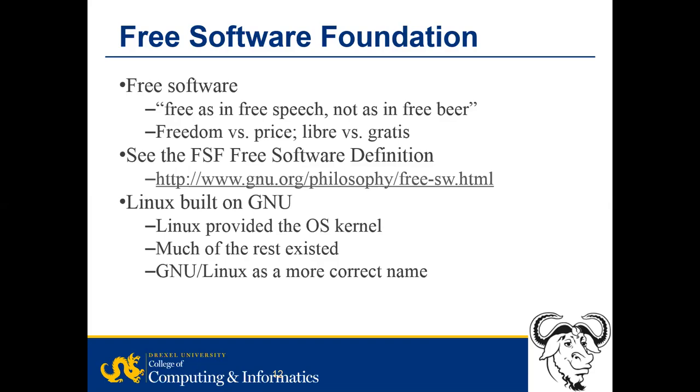They did mean that, yes, you could get it without charge. They were going to give this away to people. But what they really meant more was that they wanted it to be unrestrained. The use of it was unrestrained, that people were free, as in freedom, free to do anything they wanted with the software. Including changing it, modifying it, passing it on to other people, and so on.